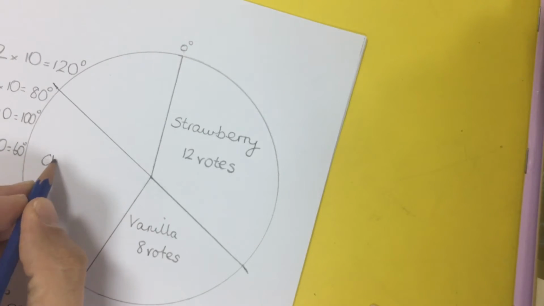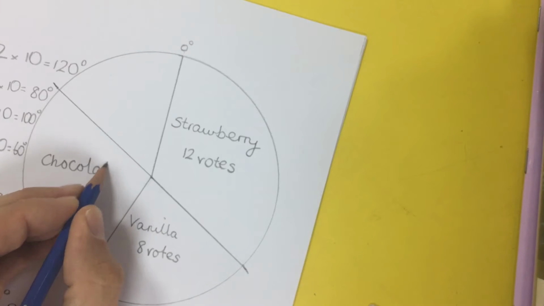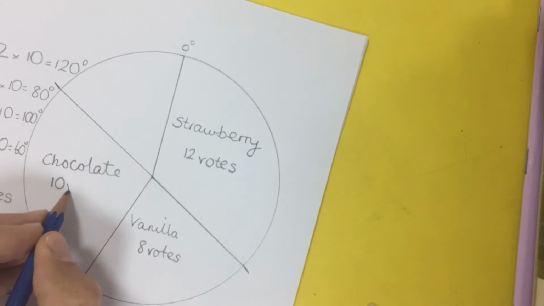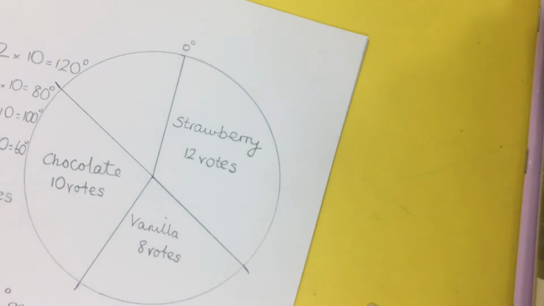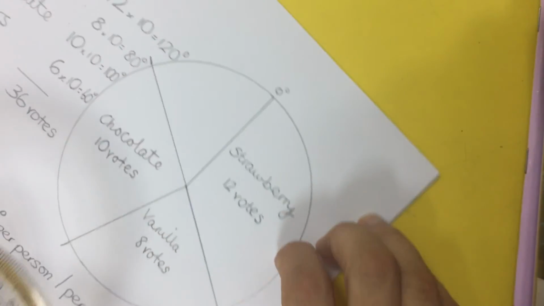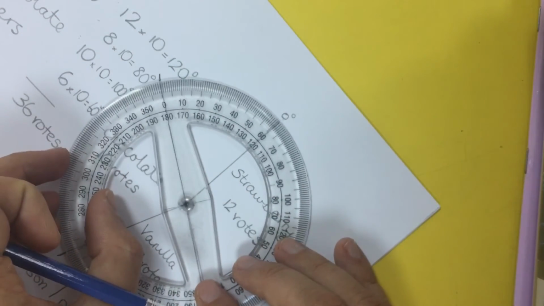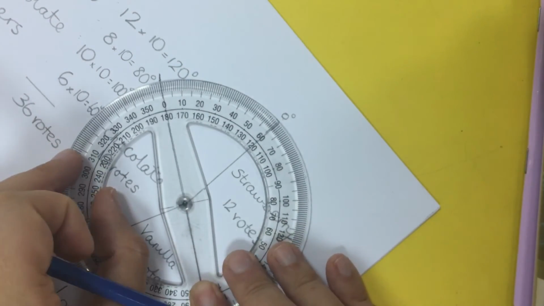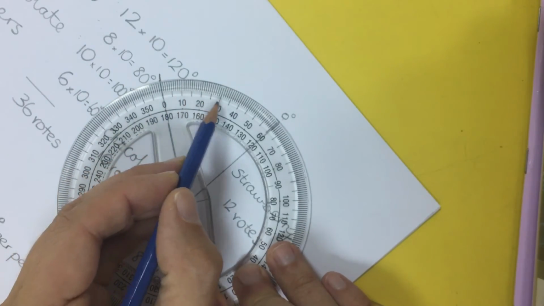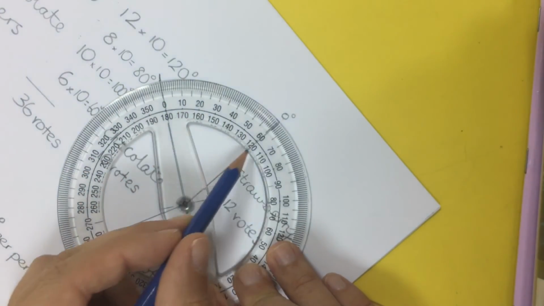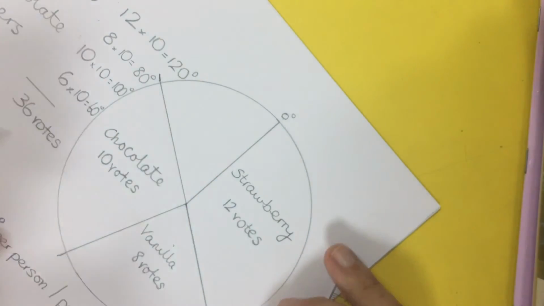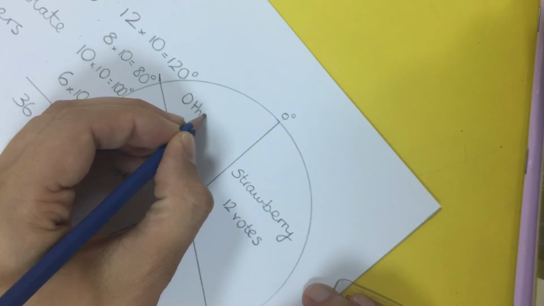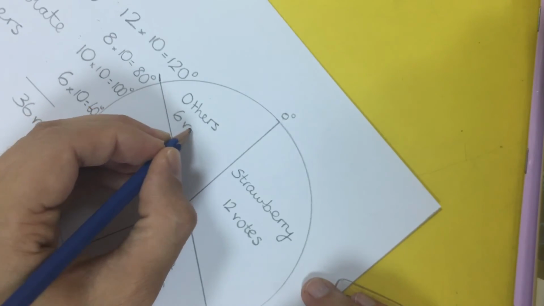I know that's 100, and in here, chocolate, 10 votes. And hopefully this last bit here, which I haven't measured yet, is going to be 60. So I'll make sure that's at the top again, dot on center, and 10, 20, 30, 40, 50, 60, and my line is running at 60, so I know that others is 60 degrees, or 6 votes.